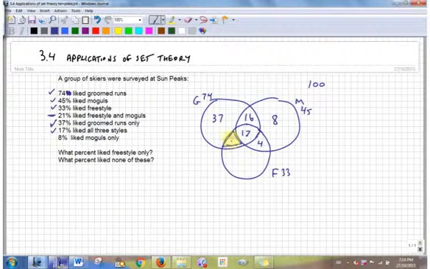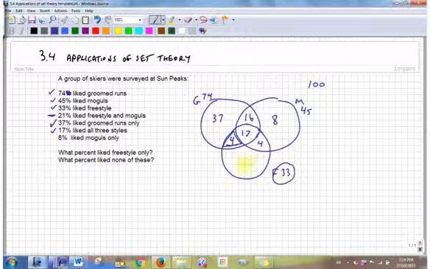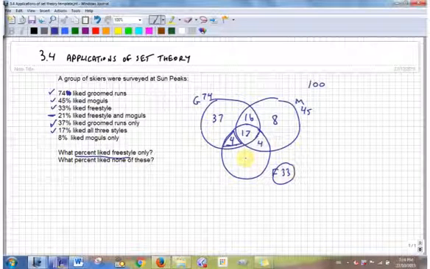This must be 4. So now finally I can find out what percent liked freestyle only, because this has to add up to 33. So that's 8, that's 7, this is 25. It's got to add to 33. I won't use a calculator this time. That's got to be 8, right?